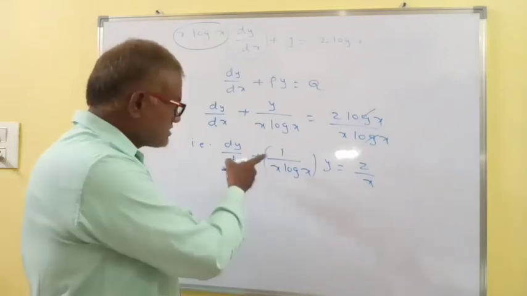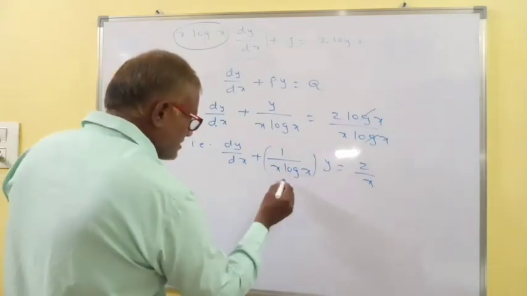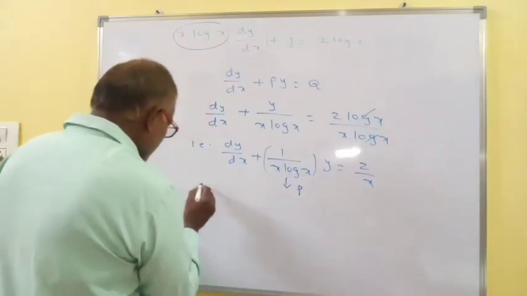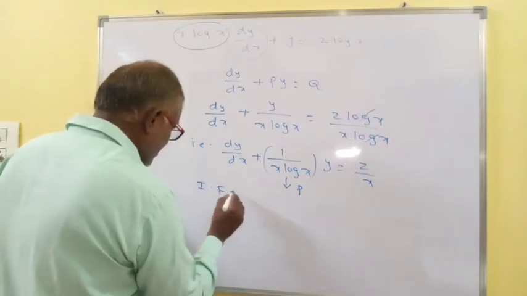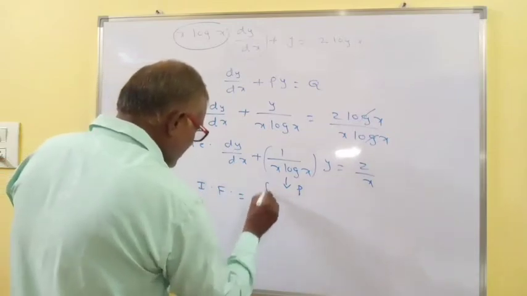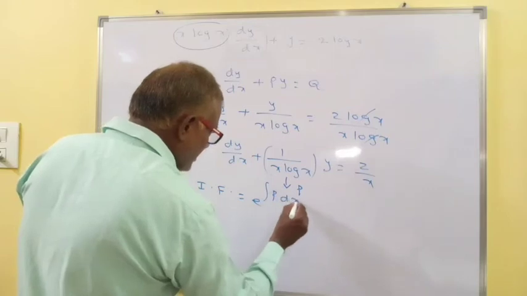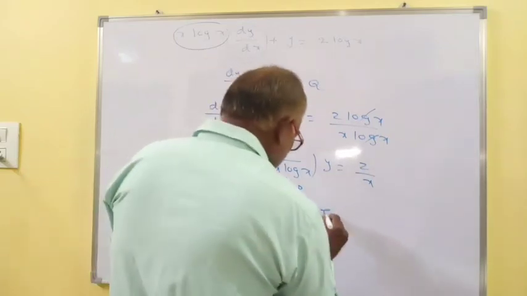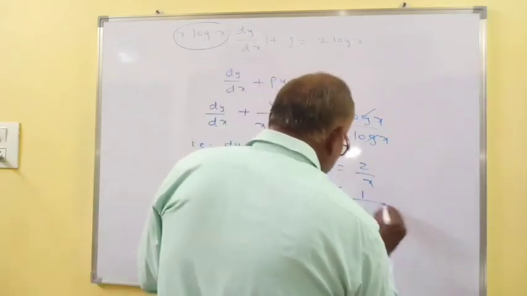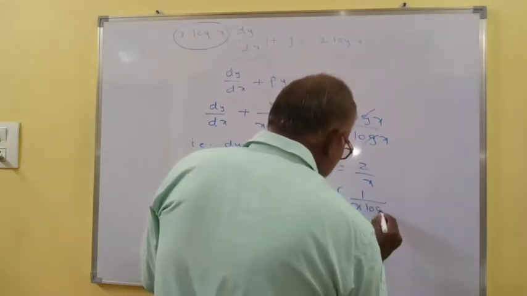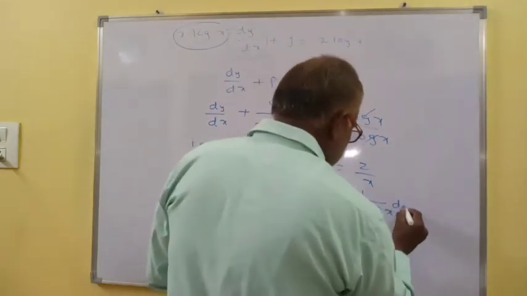Always you should express like this only. Clearly this is nothing but p. Therefore IF is equal to e power integral p dx. That means e power integral 1 by x log x dx.